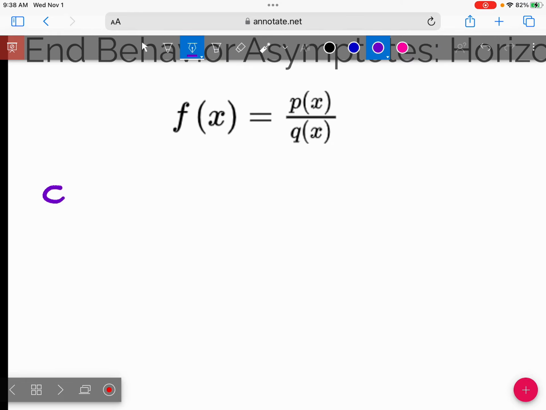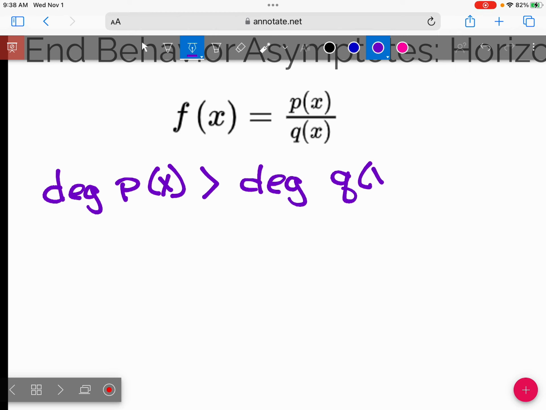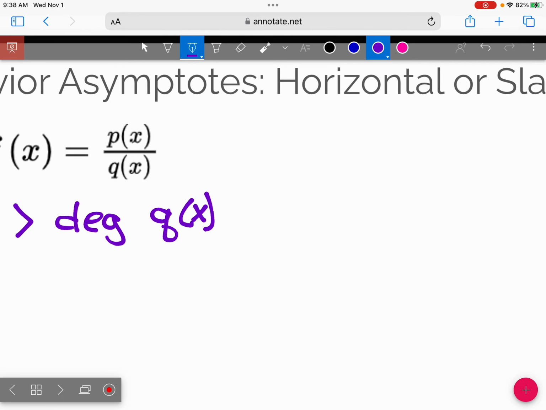So if the degree of our numerator is bigger than the degree of our denominator, so if the degree of P of x is bigger than the degree of Q of x, this is when we have our slant asymptote.